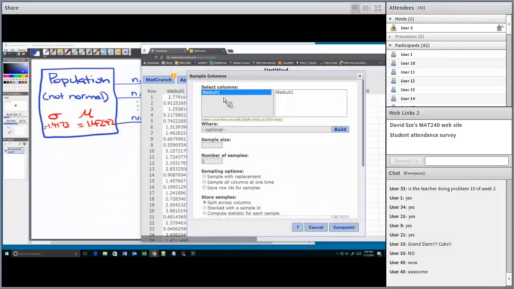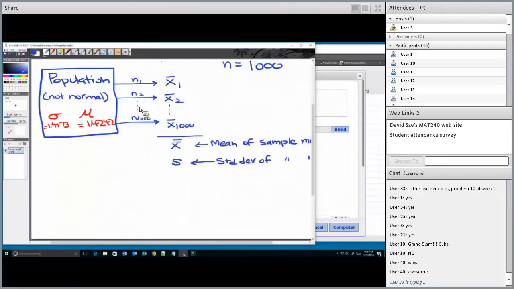That's awesome. Okay, so is everyone with me so far? What I'm going to do now is take 1000 samples, and each time I take a sample, I'm going to calculate its mean. All I'm doing is taking, from this population, a sample size of... sorry, I messed up here.